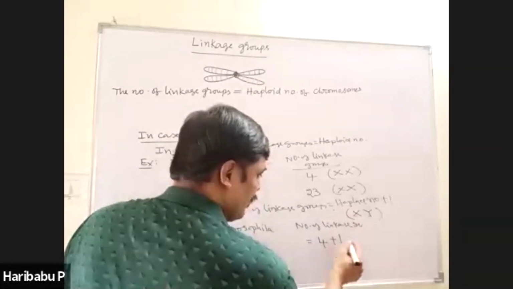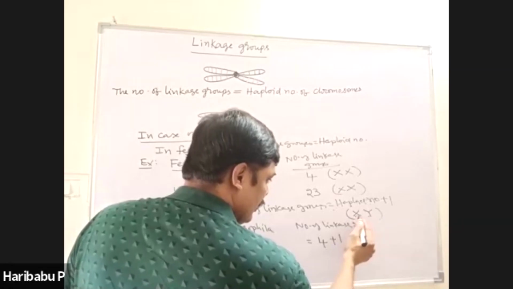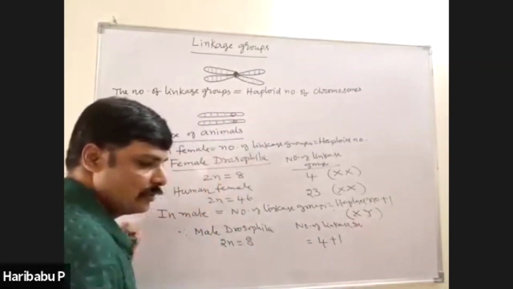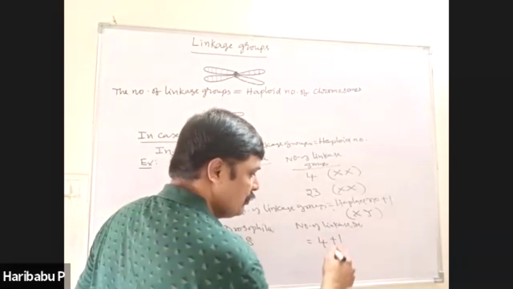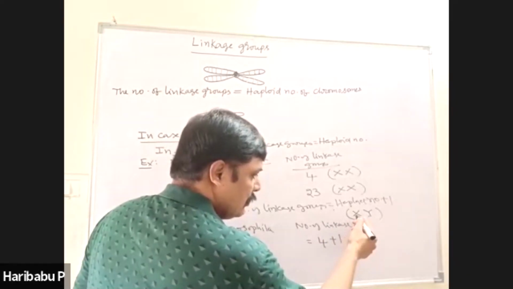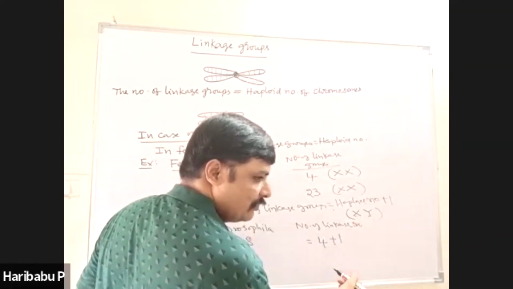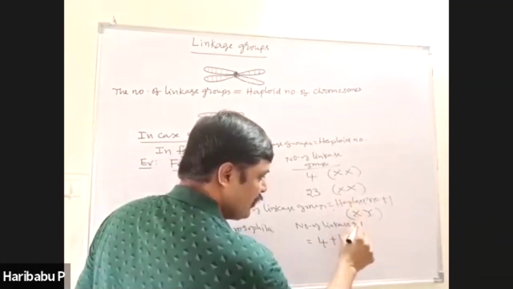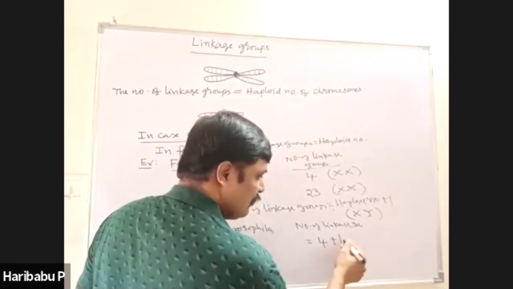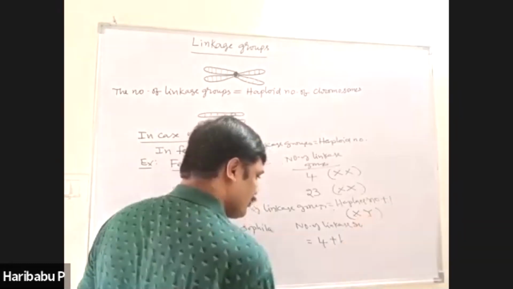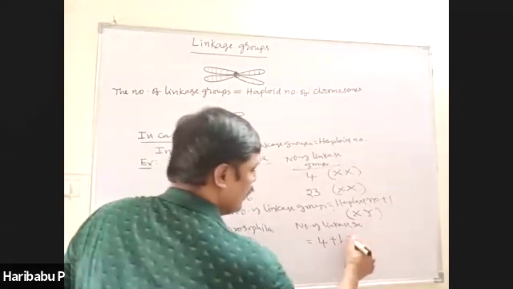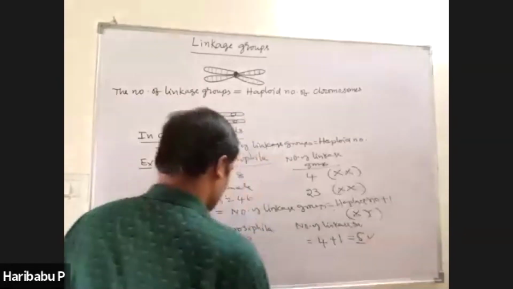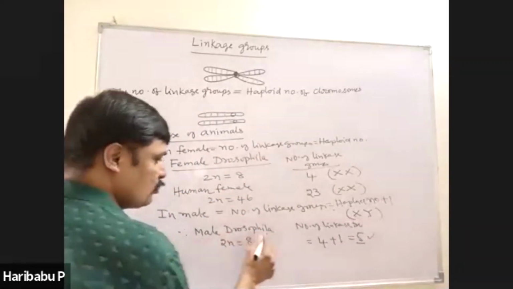Why have we taken one extra? X and Y as two separate linkage groups along with autosomes. Here autosomes are 3 plus allosomes are 2. The two are different, X and Y. Therefore, you have to consider this one extra. That is equal to 5. Very important. The number of linkage groups in male Drosophila, 5.